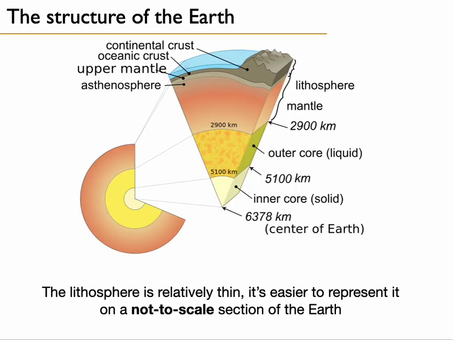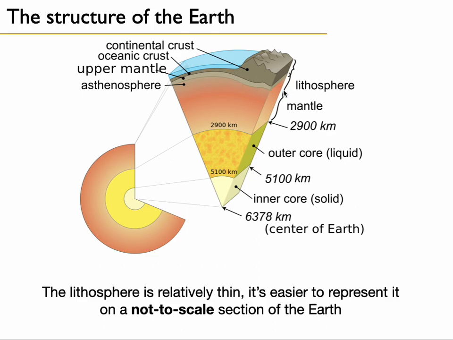In order to appreciate the lithosphere a bit better, it is nice to use a not-to-scale section of the Earth. That's an example of a not-to-scale section of the Earth, and the outer layer here is the lithosphere. It comprises the crust and a part of the mantle.